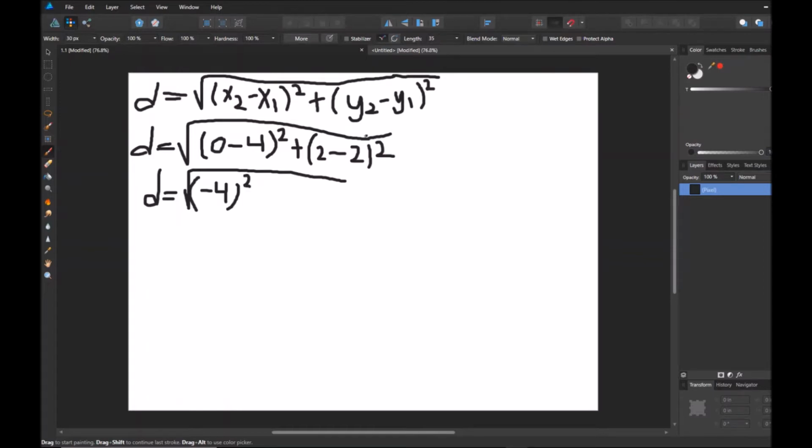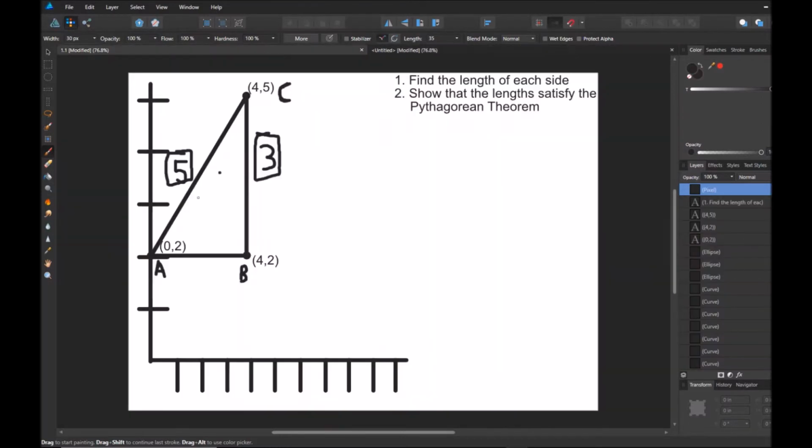And then 2 minus 2 is 0, and 0 squared is 0, so I'm not going to bother writing that. And then negative 4 squared is 16, so we have the square root of 16, which is 4. So the distance between point A and B is 4 units.